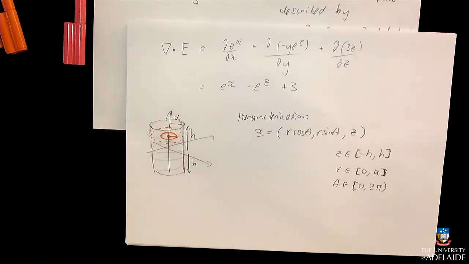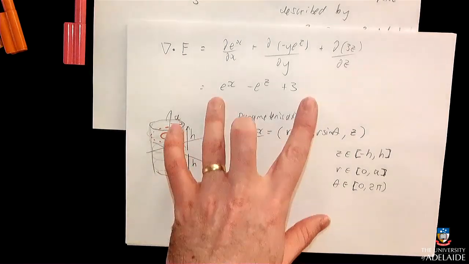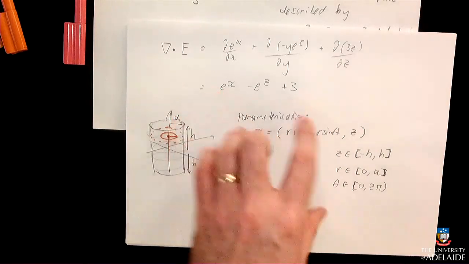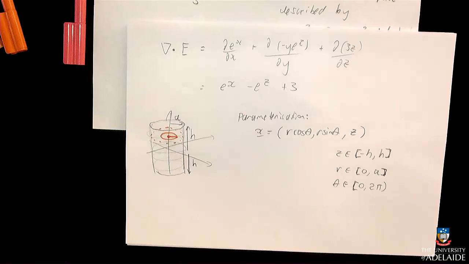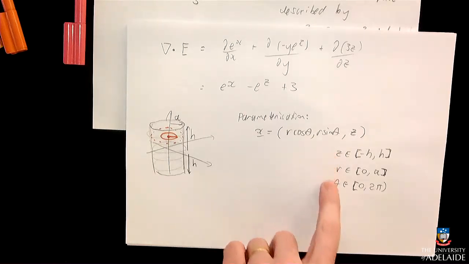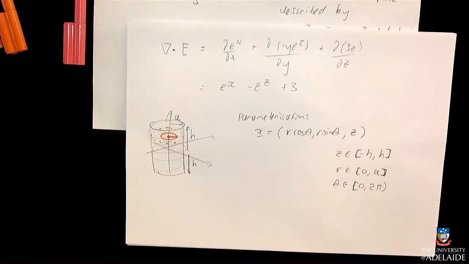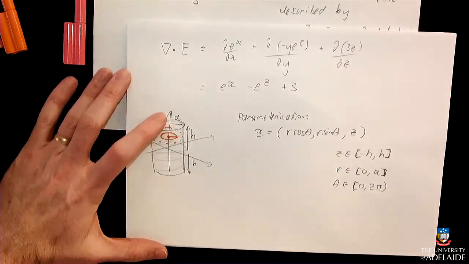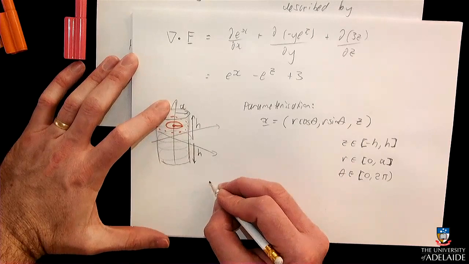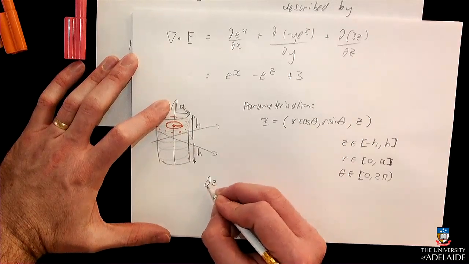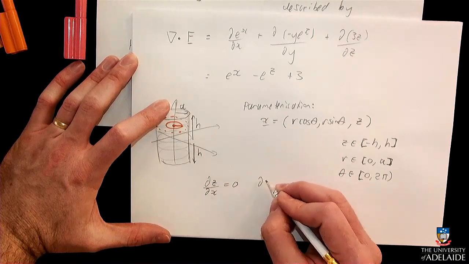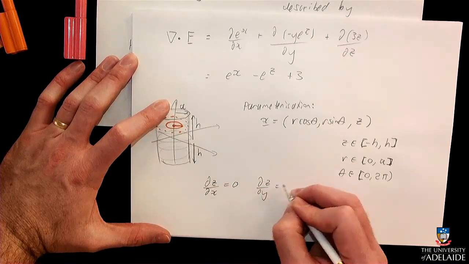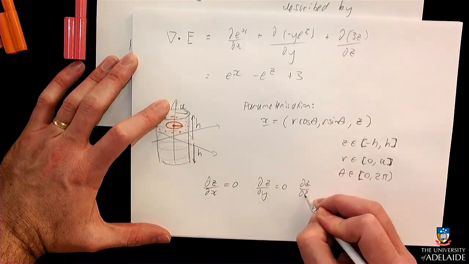So we need to do the triple integral across this parameterization, and we're not going to be able to do that until we convert our dz dr d theta into dx dy dz. So we're going to have to do that. So let's see. dz on dx is 0, dz on dy is 0, dz on dz is 1.